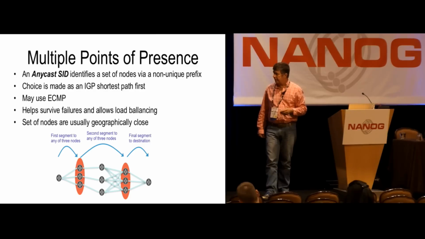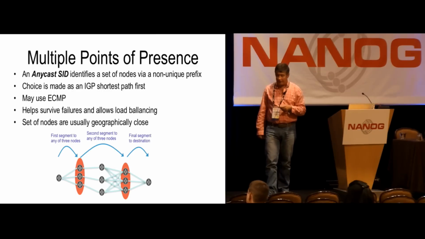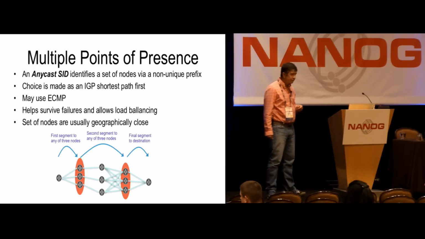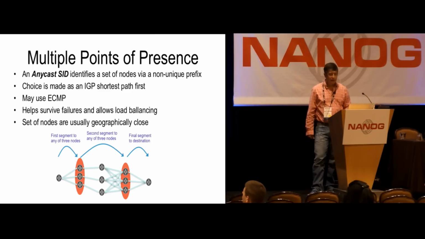Well, maybe not. If you've advertised the prefix from multiple places, especially on an ECMP, when one goes away, the other is still there. Take a look at the illustration here, and you'll see an example. The nodes in the middle, if one of them goes away, the others are still there. And especially if it's an ECMP situation, you're in much better shape.